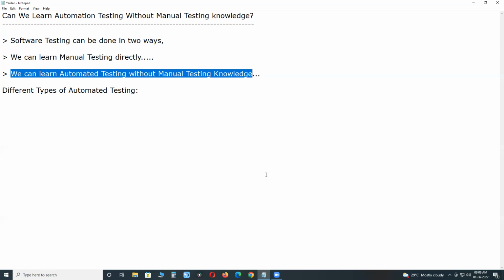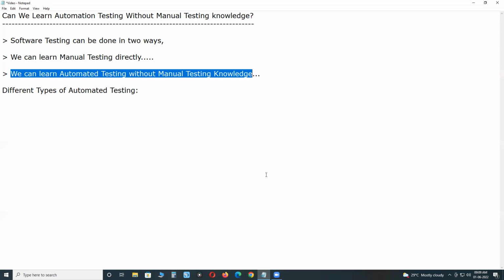If you know the manual testing concepts, then you can easily understand the testing practicalities. Software test life cycle, bug life cycle, test closure, etc. activities you can learn using manual testing concepts.